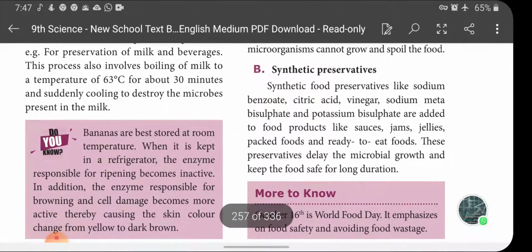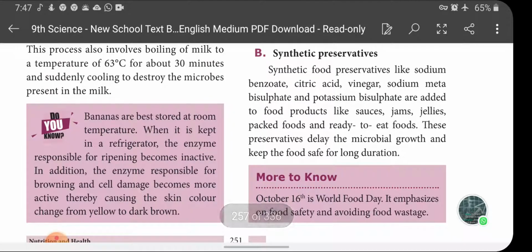Next one is synthetic preservatives. Synthetic food preservatives like sodium benzoate, citric acid, vinegar, sodium metabisulfite and potassium bisulfite are added to food products like sauces, jams, jellies, packed foods and ready to eat foods.